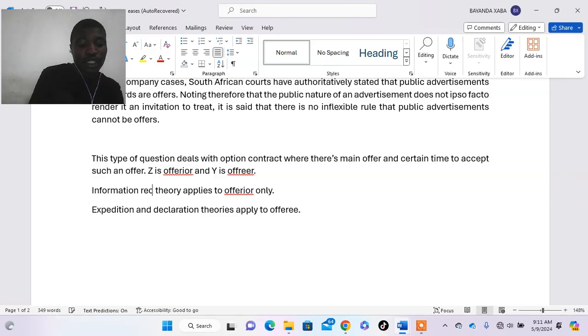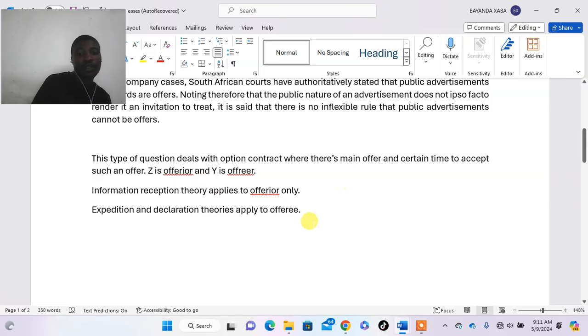I forgot to say reception. The information theory states that when the offeror reads the contract or becomes aware of it, the contract is binding.